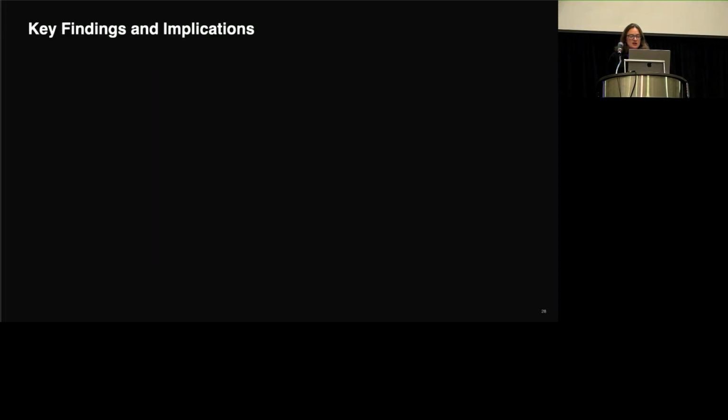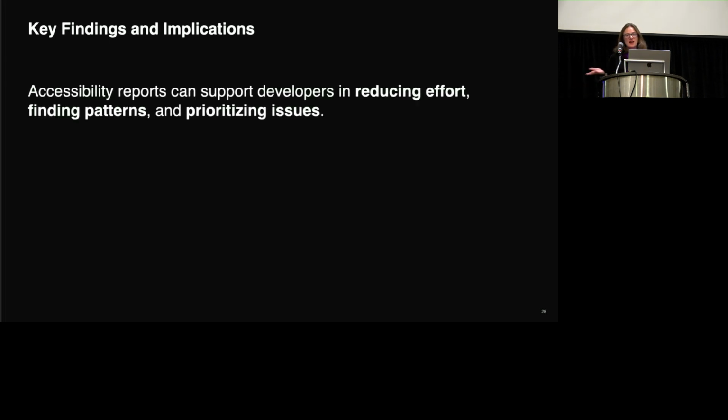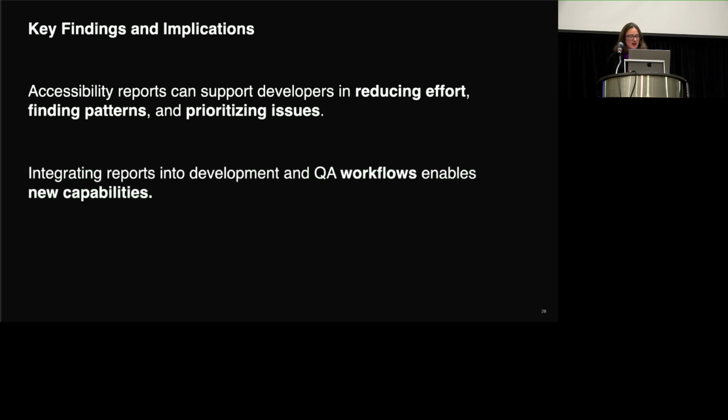And to summarize the talk, we found that accessibility reports can help support developers in reducing the effort in finding issues, discovering patterns of inaccessibility across their apps, and prioritizing which to fix. And also integrating these reports can be helpful for them to have some new capabilities, like continuously tracking the issues over time and things like that.